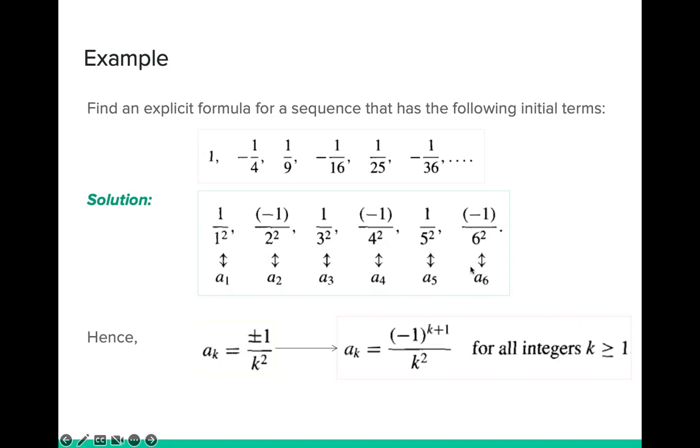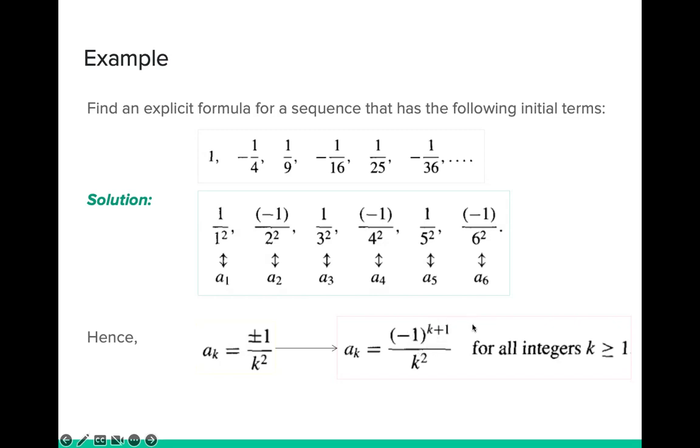So what is the logic behind this? This will result in a positive 1 if k is odd. Suppose k is equal to 1, so that will give us -1 raised to 2, right? So -1 times -1 will result in a positive 1. But if k is even, let's say k is 2, we have -1 raised to 3.